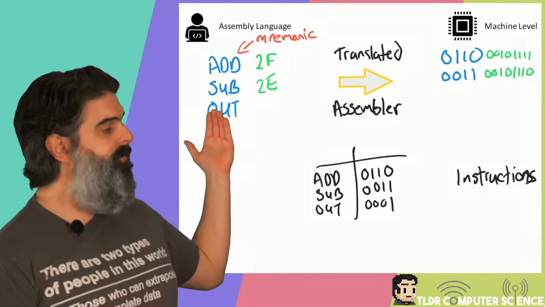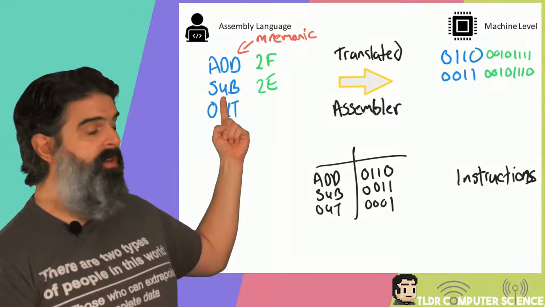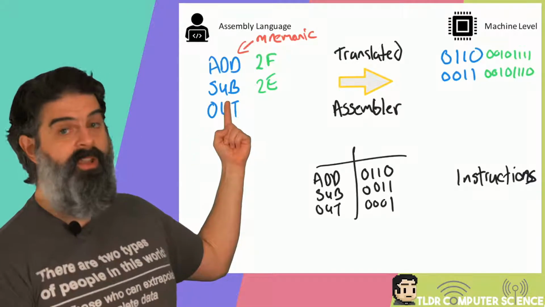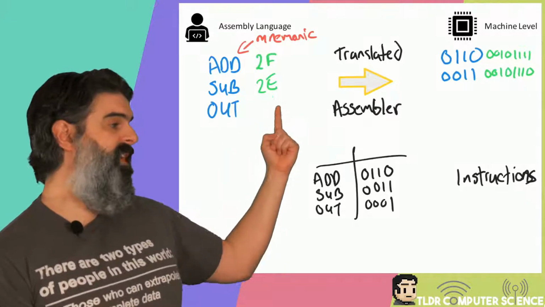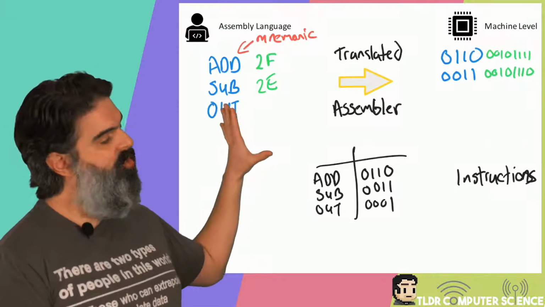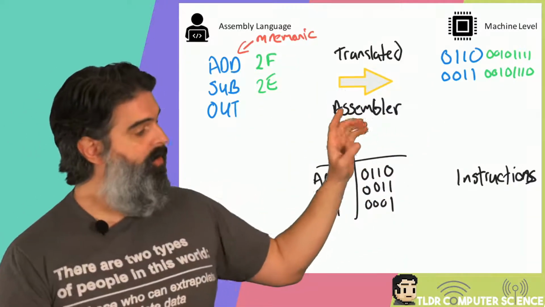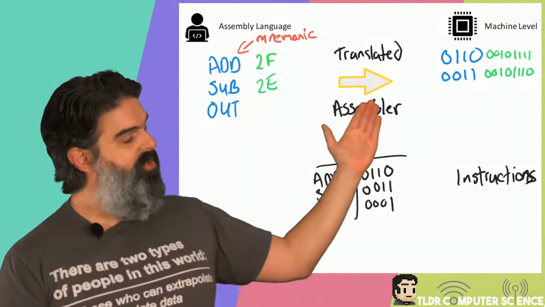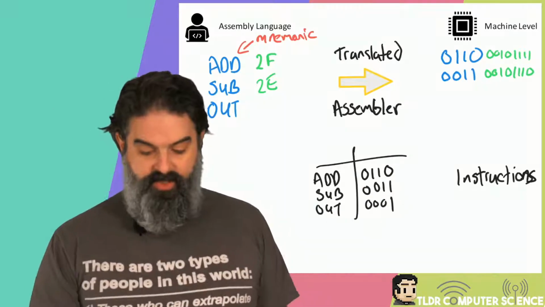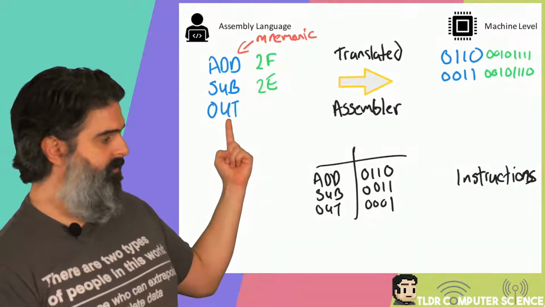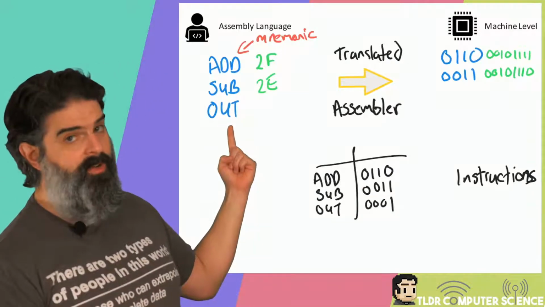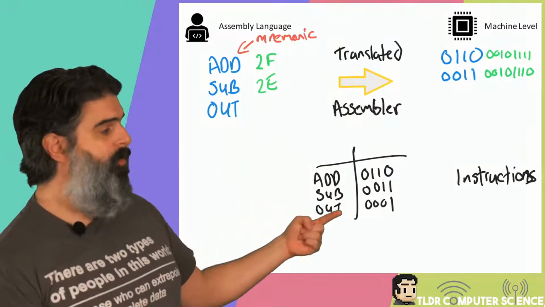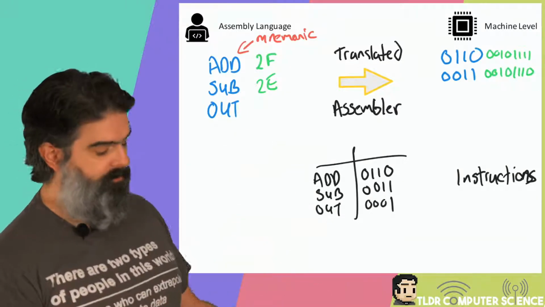And the way that assembly works, that can't run on the computer directly. The computer doesn't know what sub is or 2E is. So you have to translate, or assemble, that into the ones and zeros. So you see this one here where it says out. That cannot run on a computer. So what are the ones and zeros for out?